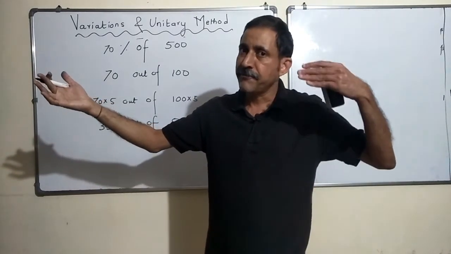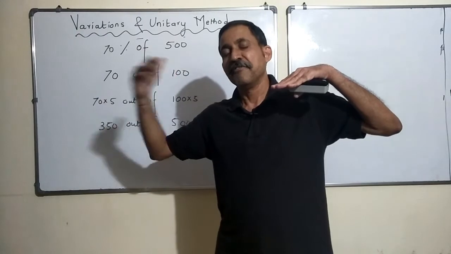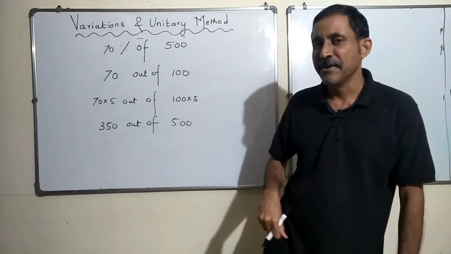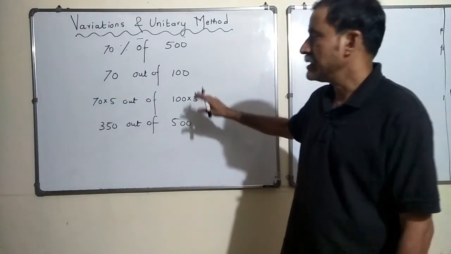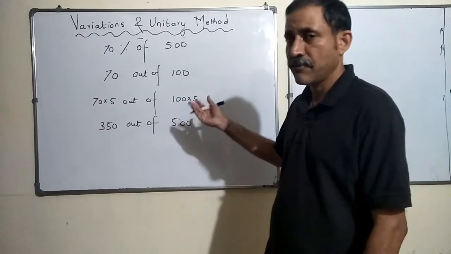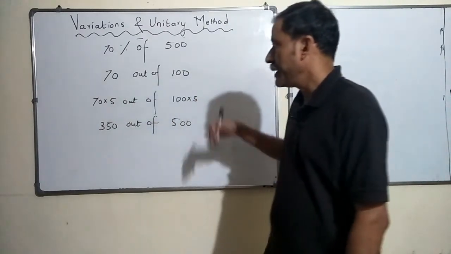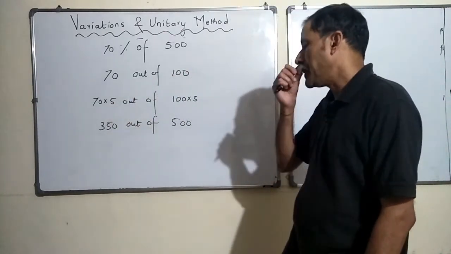Then I divided the left hand side by 5, so 1 man, but you have to multiply 5 to the number of days, making it 500 days. That was a case of inverse variation. All these are direct variation cases, so you divide on one side, you also divide on the other side, or you multiply on one side, you also multiply on the other side.